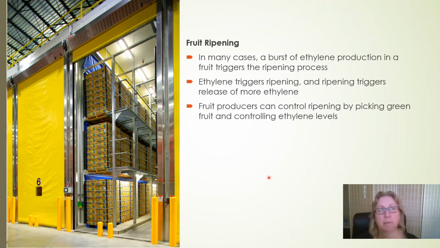Fruit ripening can be controlled in many cases by controlling the ethylene. And you might have heard that if you put bananas or apples that are unripe in a paper bag, they will ripen. Well, the reason is because it increases the concentration of ethylene. So ripening bananas and ripening apples produce ethylene.